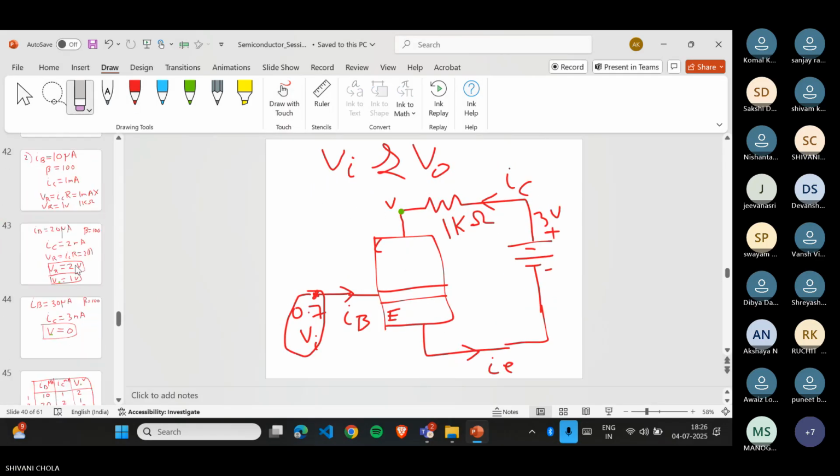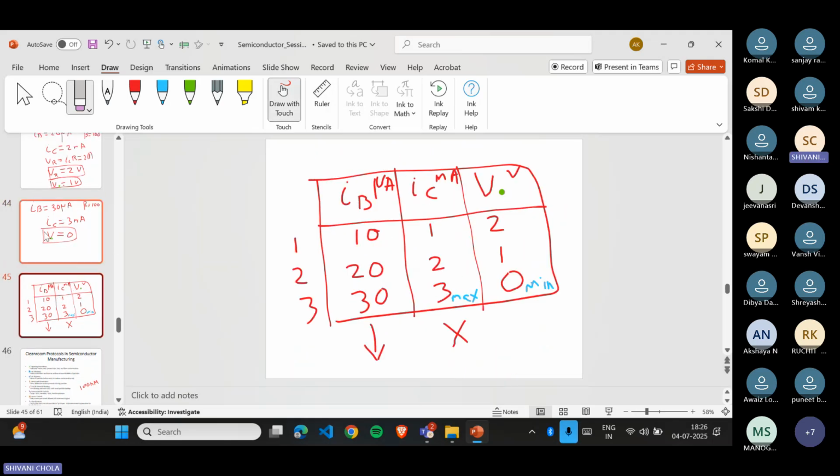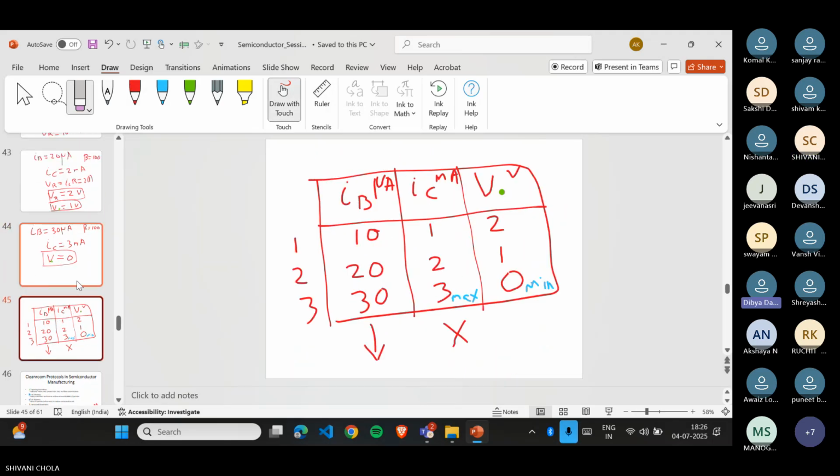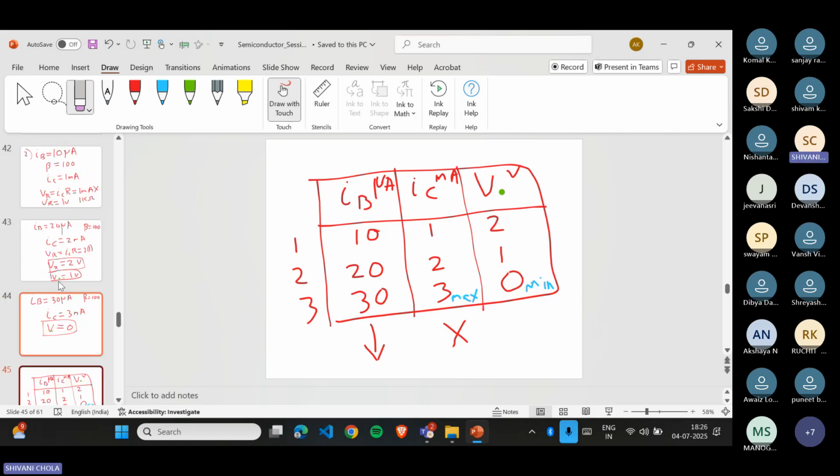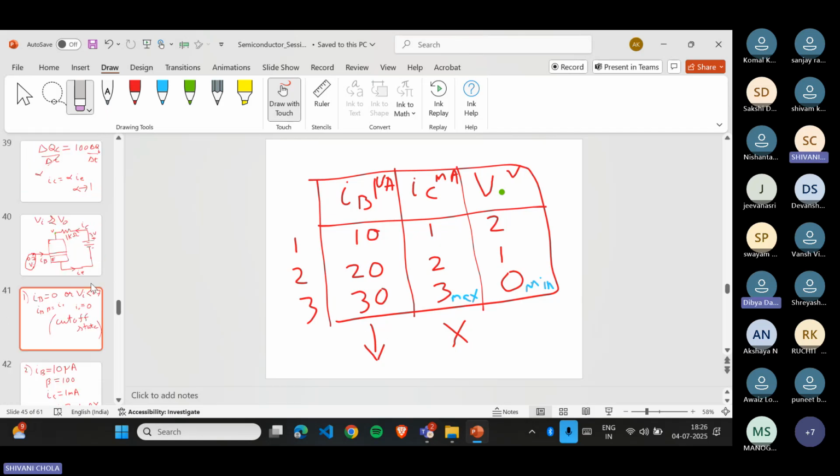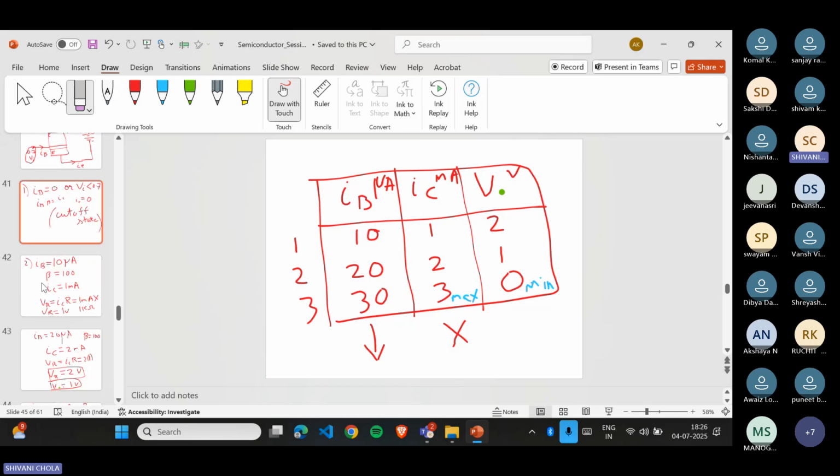Now, guys, how is that excess current getting lost? Like the excess 10 microampere, if I'm giving after 30 microamps, then where is that part going? Is it just adjusting IE?